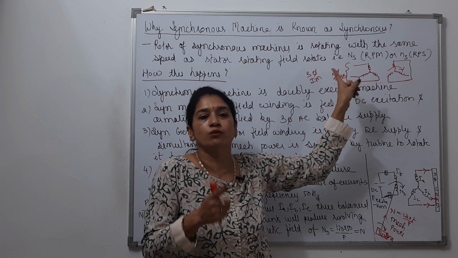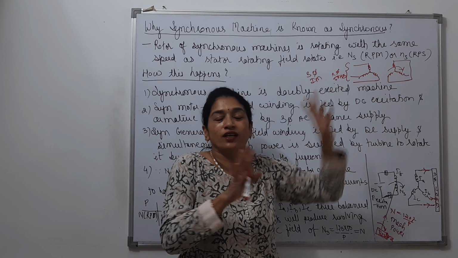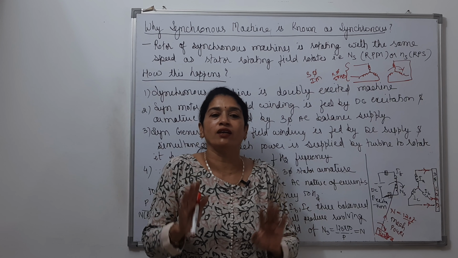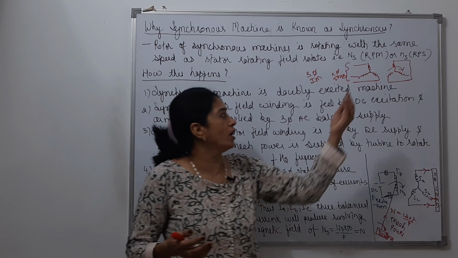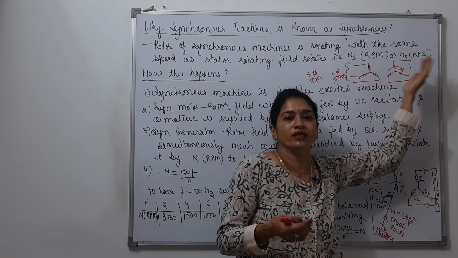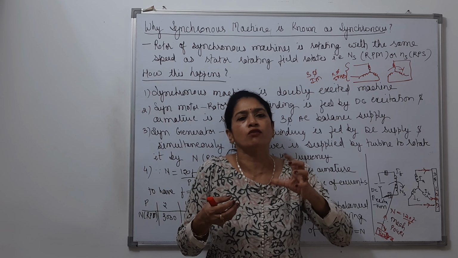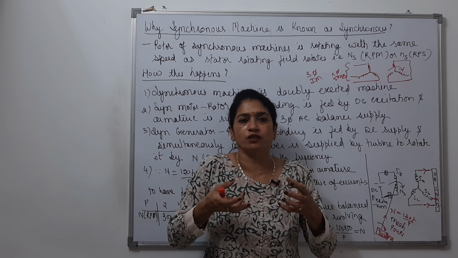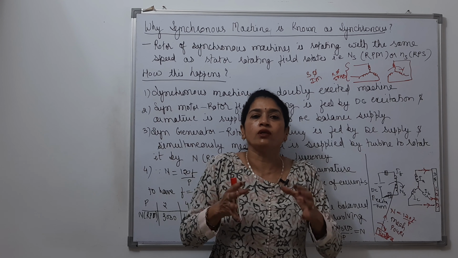in a singly excited induction motor, the rotor never catches the speed of the revolving magnetic field. Its speed is always less than the revolving magnetic field. If somehow I feed the rotor with some mechanical power, then I can match up the speed of the rotor with the speed of the revolving magnetic field of the stator in the three-phase induction motor. So when I give double excitation, only then can the speed of the rotor be matched with the speed of the revolving magnetic field.